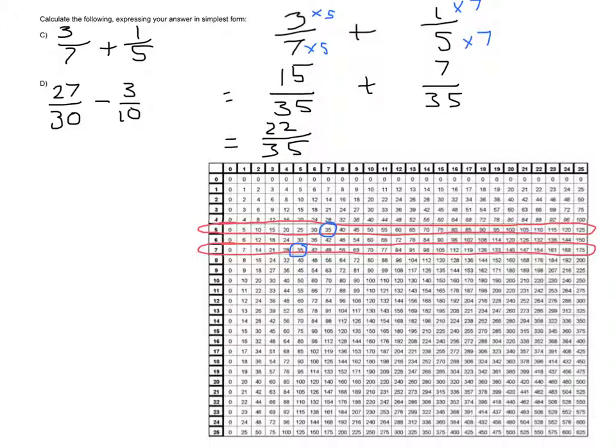Now, actually I shouldn't say that's the final answer. I should first of all ask the question, can we simplify this any more? Well, are we able to find the numerator and the denominator in the same row or the same column?